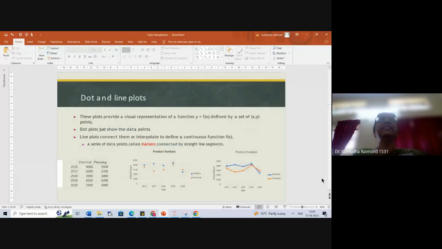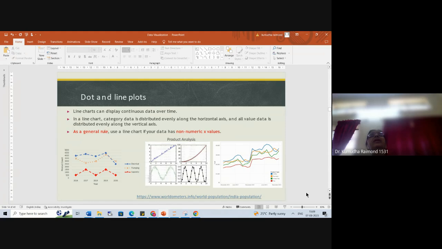For example, you can see over here, this is your dot plot and this is your line plot. The points in a line plot are connected by line segments, and the in-between points are called markers. It is useful for continuous data, as I told you. And mostly in a line chart, if you have categorical data, it goes into your x-axis, the horizontal axis.